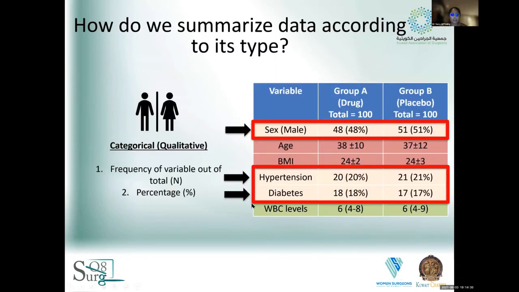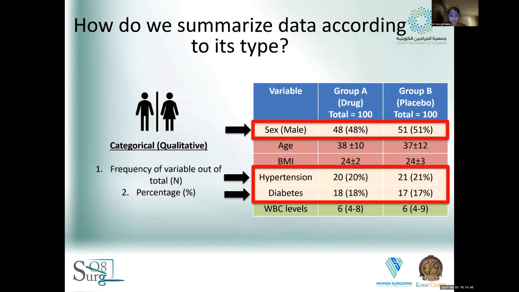Okay. So back to how we summarize data according to its type. As you saw in our table, you pick out the categorical variables, and the way we usually present them is we mention the frequency of the variable out of the total.